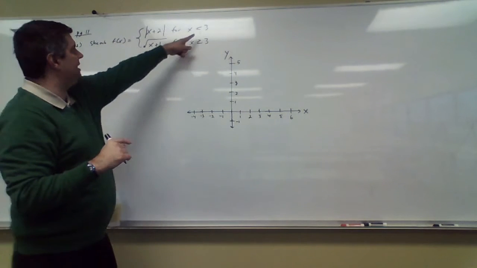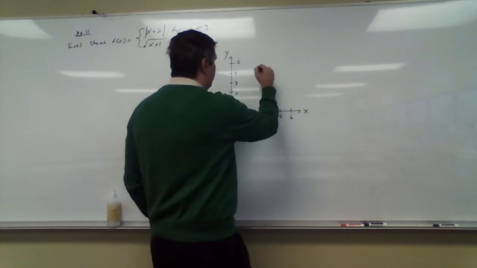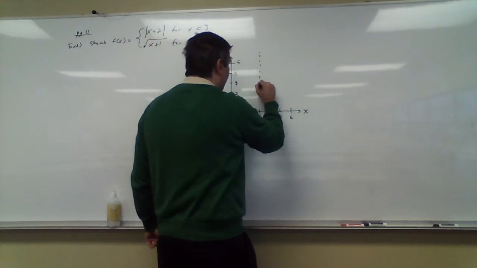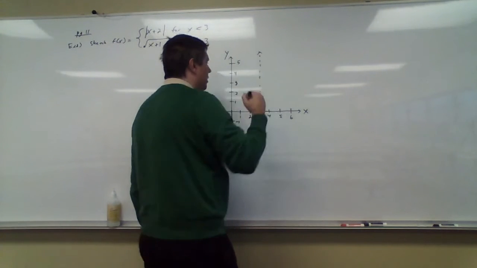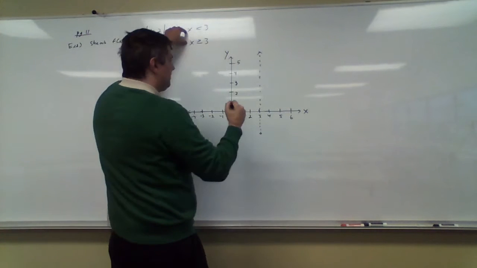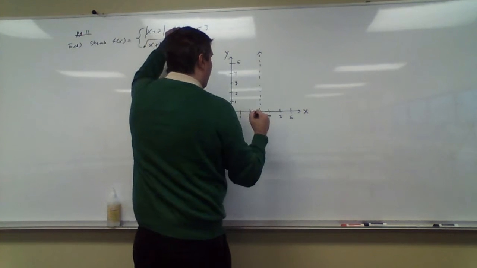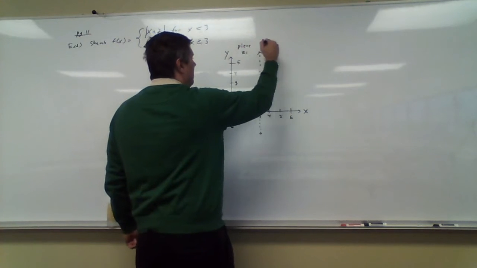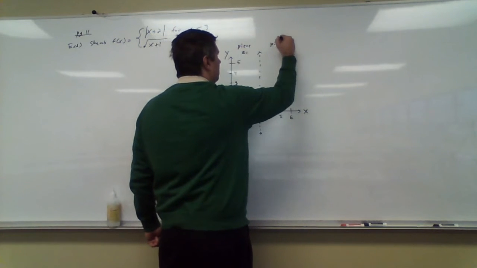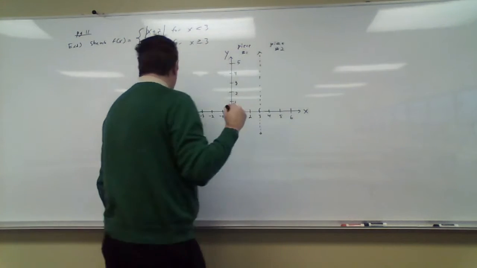So the boundary is x equals 3. So I'm going to go ahead and put a dotted line. This is not standard, but it's what I usually show students to do. The boundary point is here at x equals 3. So this is piece number 1. This is piece number 2.